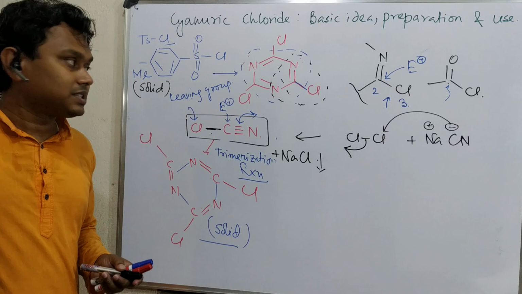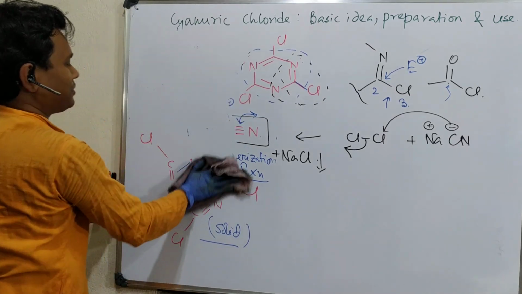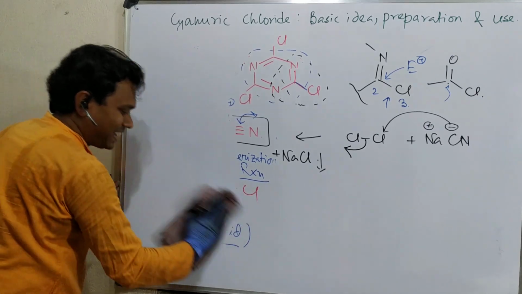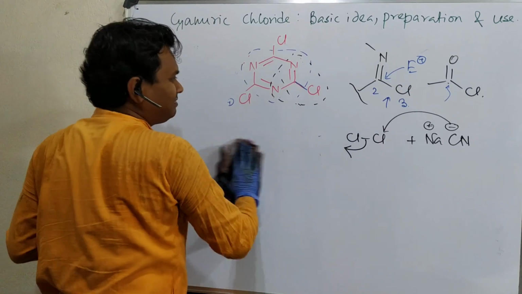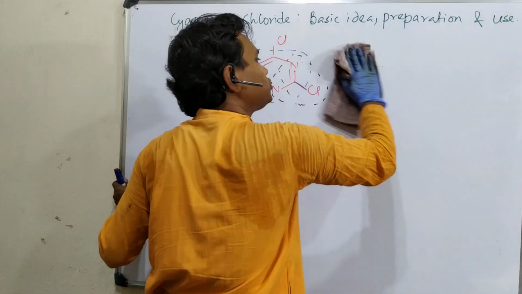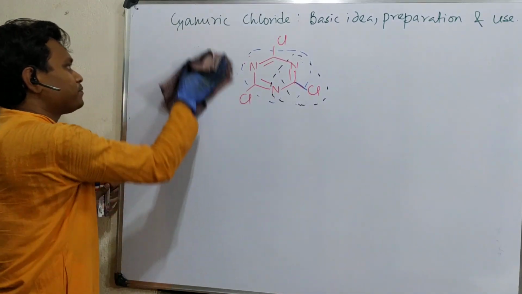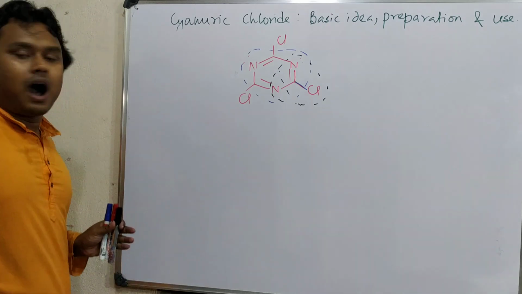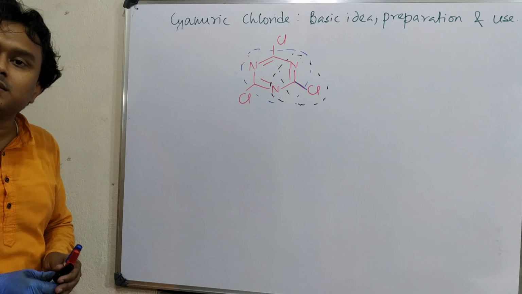Now we will discuss the use of this reagent. By the way, when I told you its property is similar to an acid chloride, you can consider that its application in organic chemistry is expected to be near about that of an acid chloride. So that's fine. Now the question is how we can use this in organic synthesis.